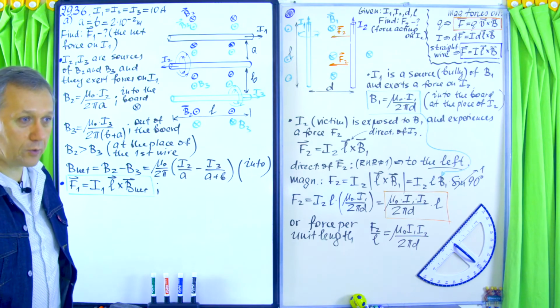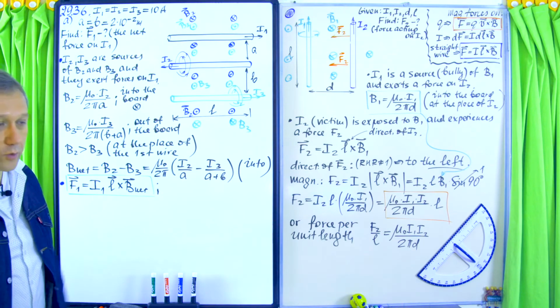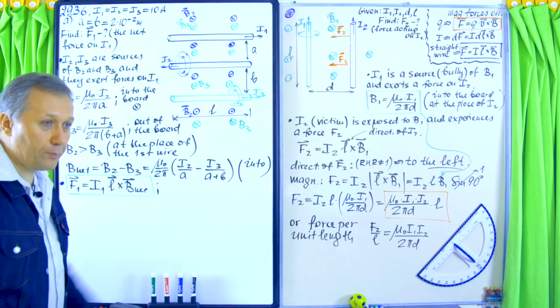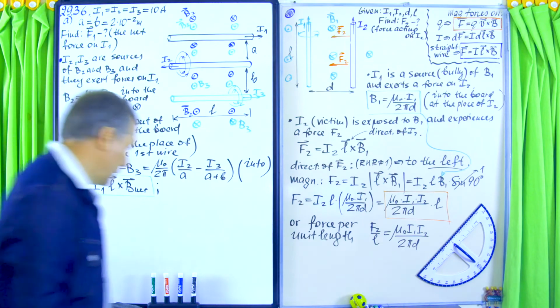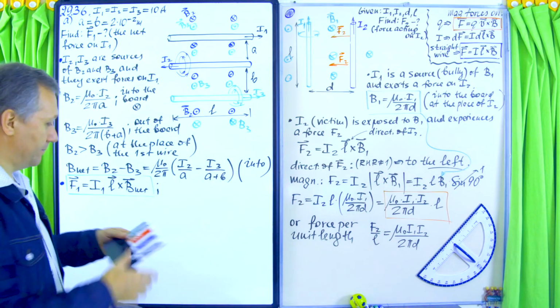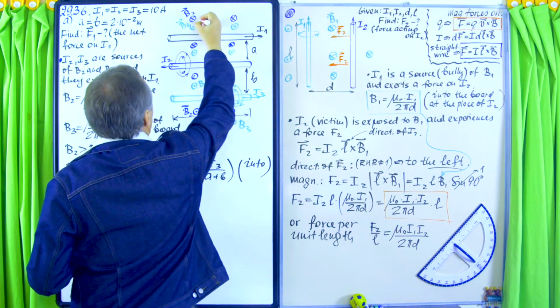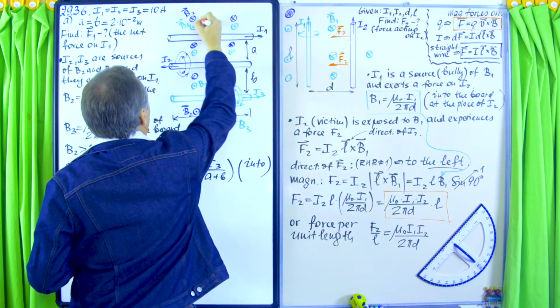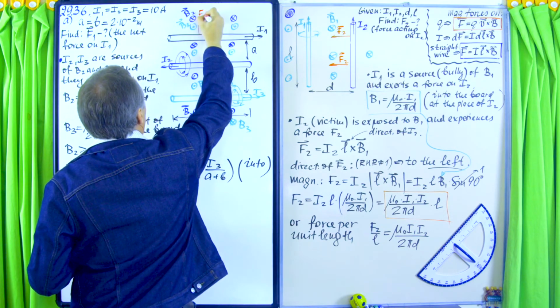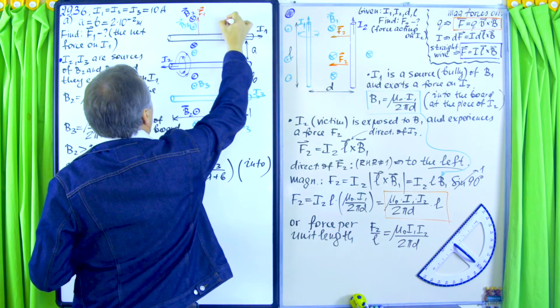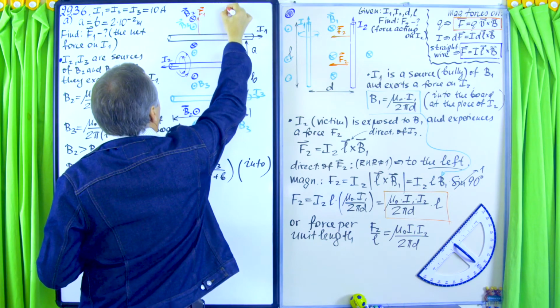And L cross B, and you see my thumb gives me the direction of this net force. So it will be up. So wire I1 is going to be pushed up, correct? Right. So this will be the direction of, where should I draw it? I will draw a couple of vectors, so this will be F1, and also I can draw it here.